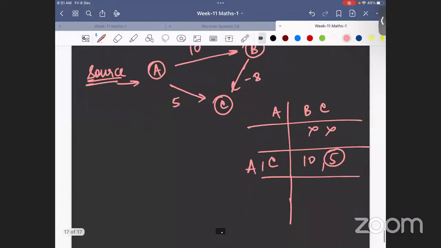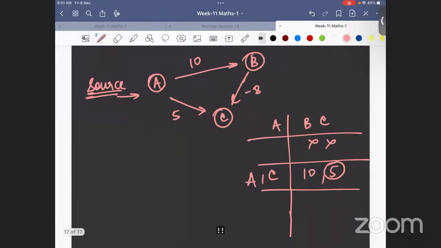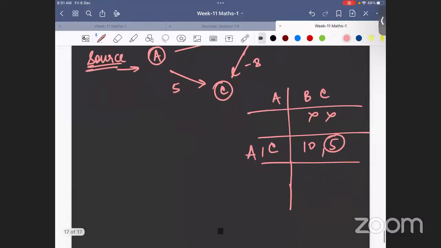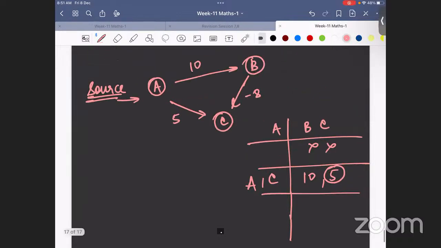Now tell me, if you have to use A and C and now reach B, can you reach it there? No. Still, we can go from A to B. We can't use C to reach B. So this is fixed, right?